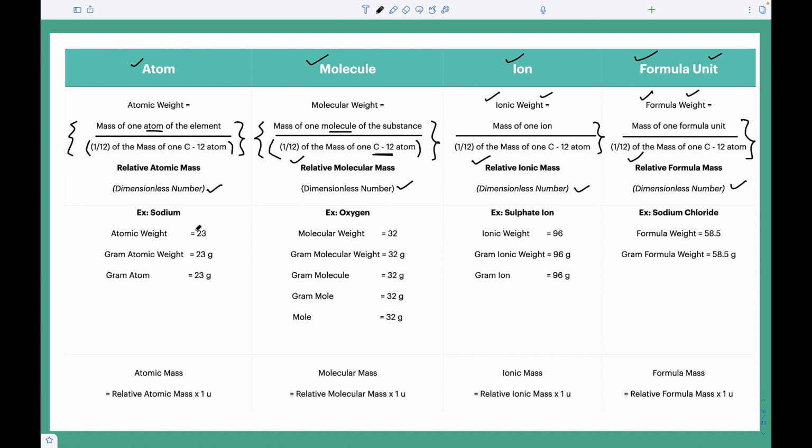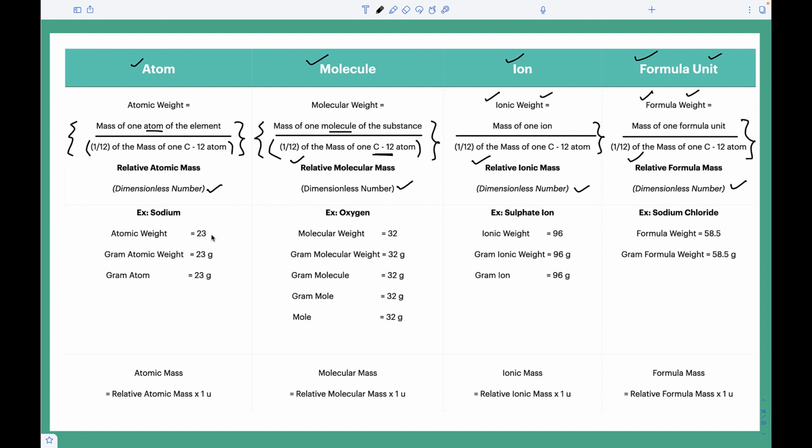Now, let us take a quantity of sodium whose mass is equal to its atomic weight in grams. That is, let us take 23 grams of sodium. And to represent this particular mass of sodium, let us create a new name.